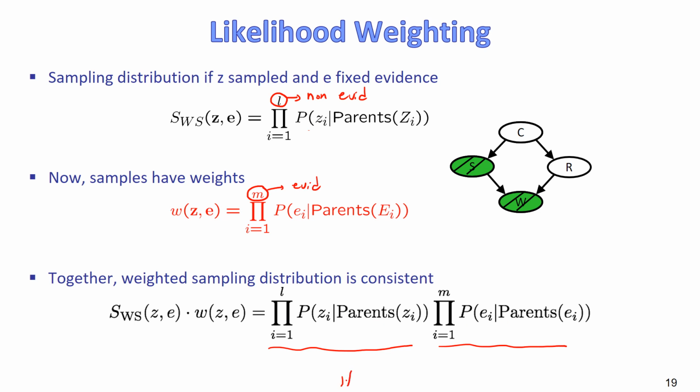So it's actually a multiplication over all variables i of P of x_i given its parents. Here the sampling was just on the non-evidence variables, and that's why we have a weight for the sample.